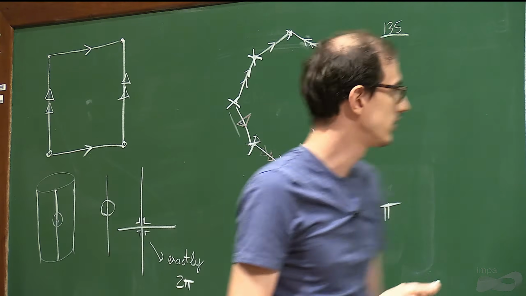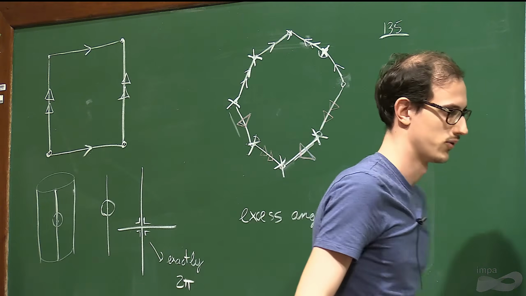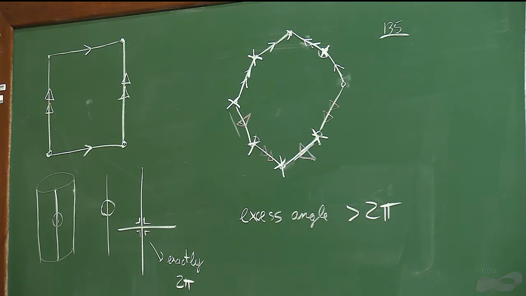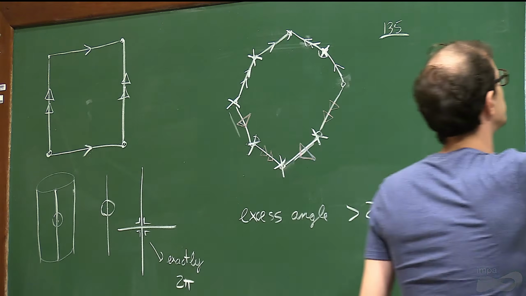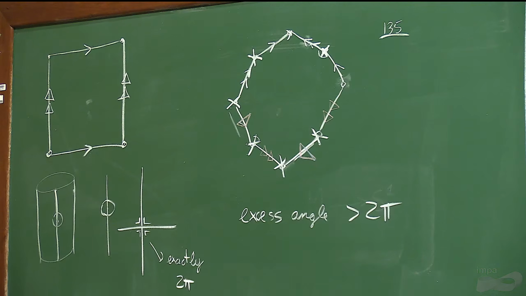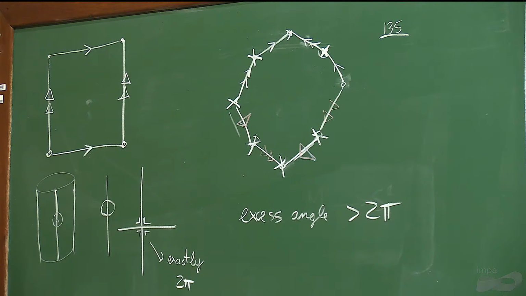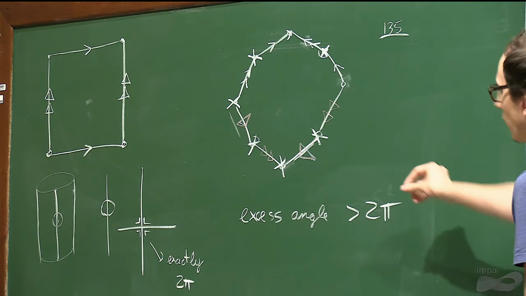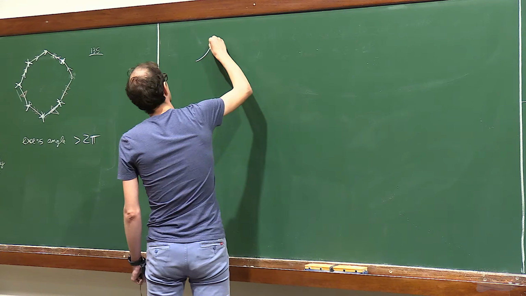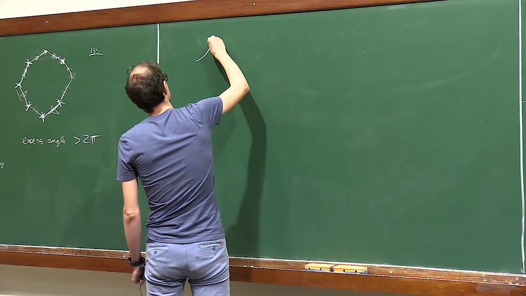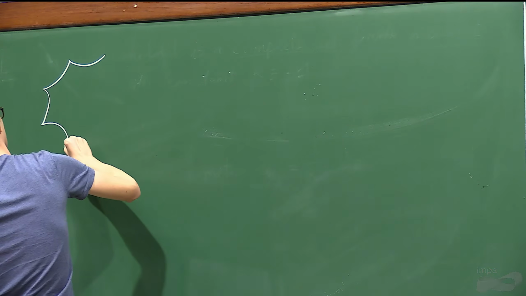So this is actually how you can find a hyperbolic metric on the genus 2 surface, because in the hyperbolic plane there is an octagon which has angles of 45 degrees. So you just take this octagon, which I'm drawing horribly.